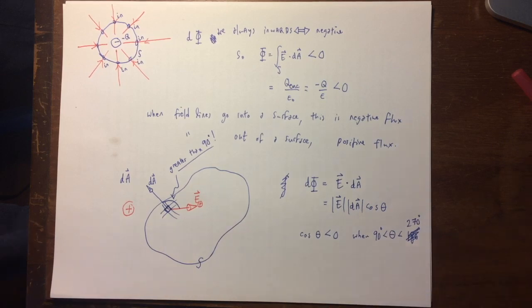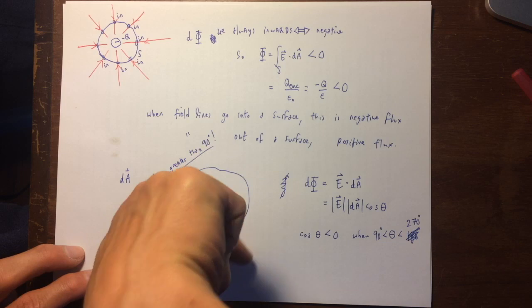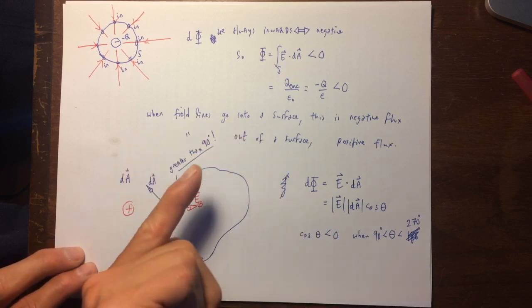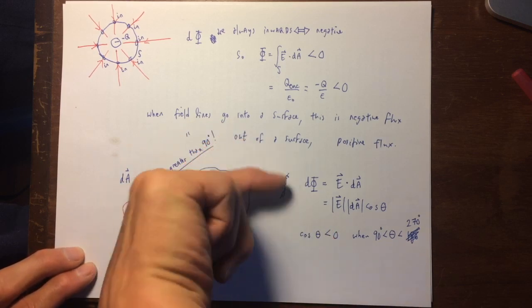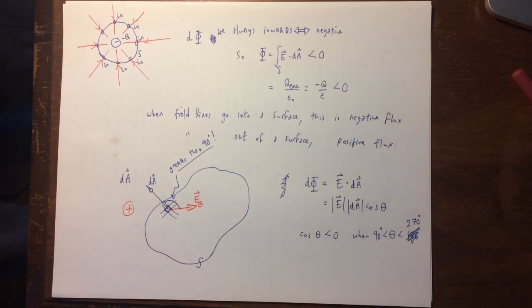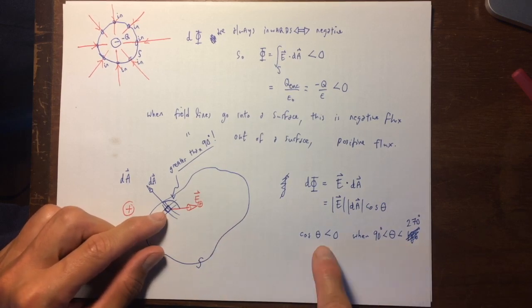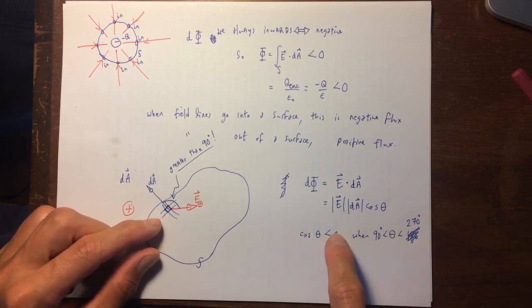Which is kind of funny. It's like saying that we can consider electric field vectors that point all through this 180 degrees from 90 to dA to 270 to dA, which is also known as 90 from a different person's point of view. But anyway, the cosine is going to be negative.